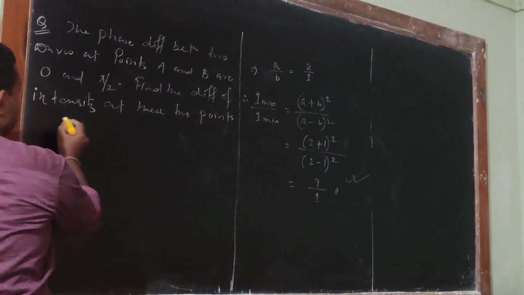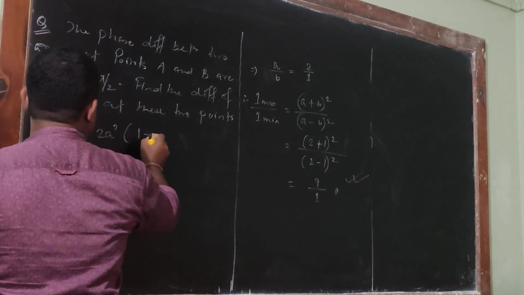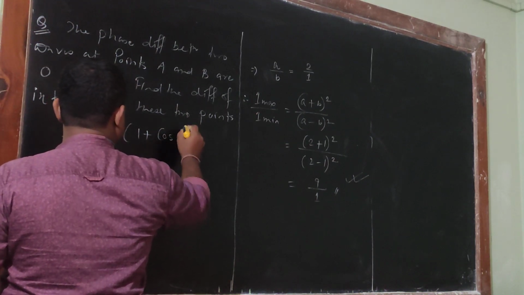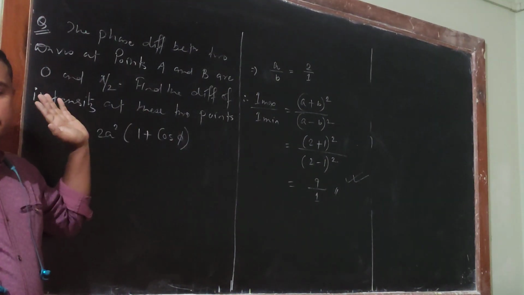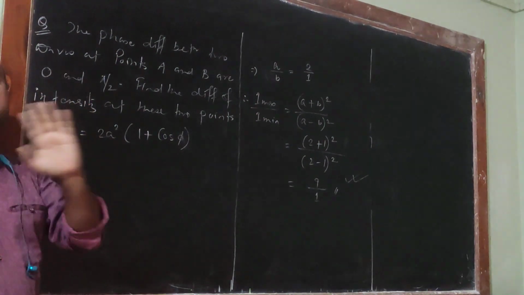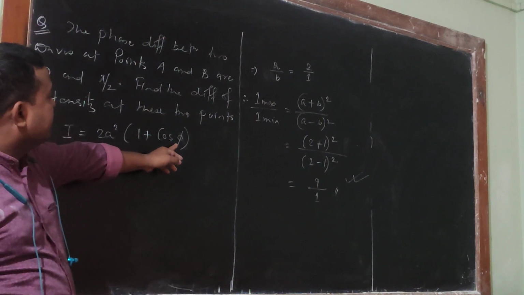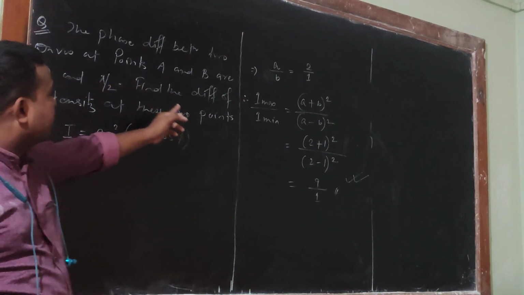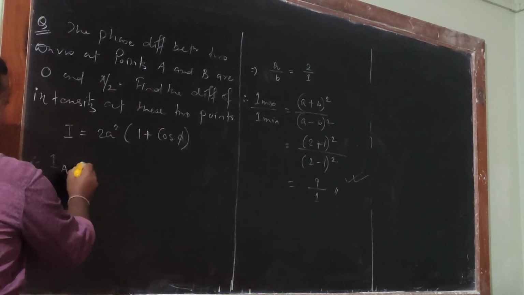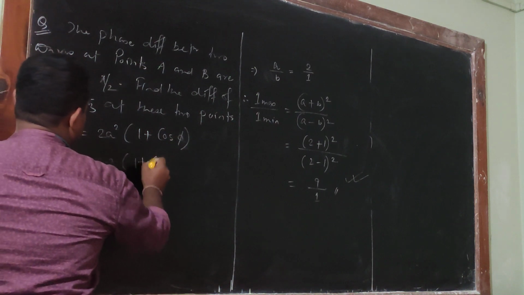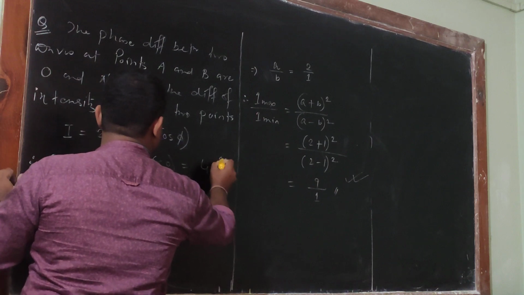Now here you see, you have to find out the intensity. I is equal to 2A square (1 plus cos phi) for equal amplitudes. Now here phi is given: at point A it is 0, at point B it is pi by 2. So intensity at point A is 2a square (1 plus cos 0), it is 1 plus 1 is 2, it is 4a square.